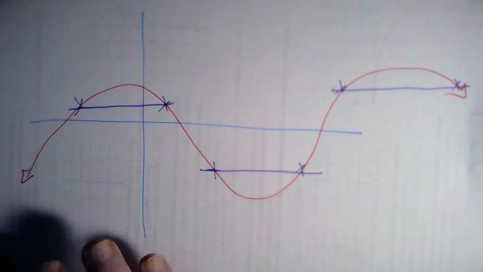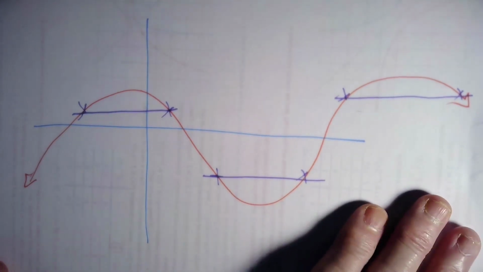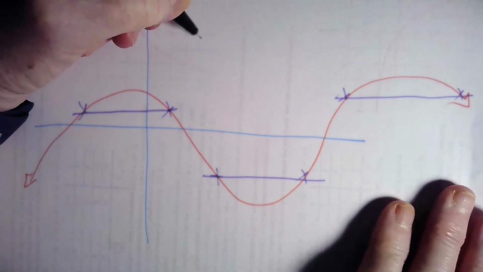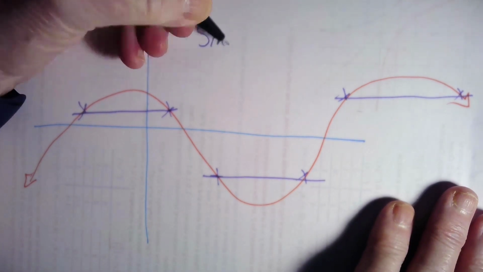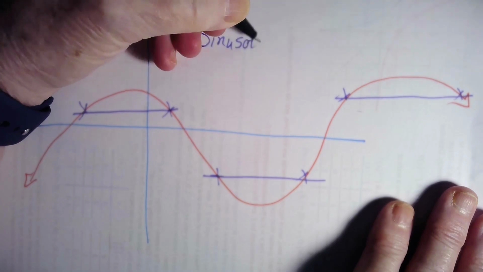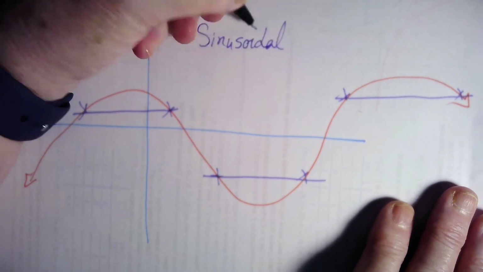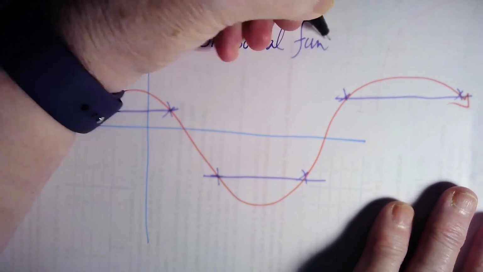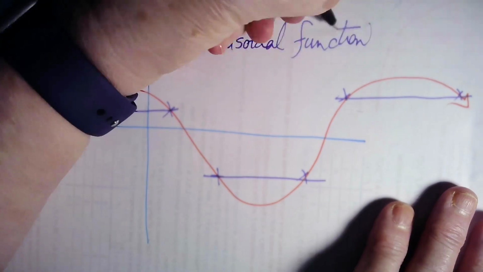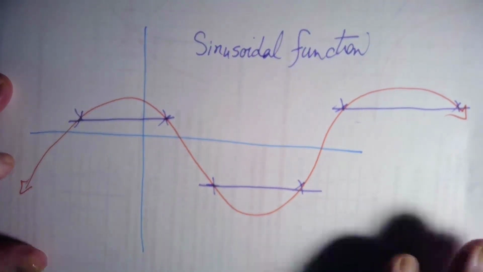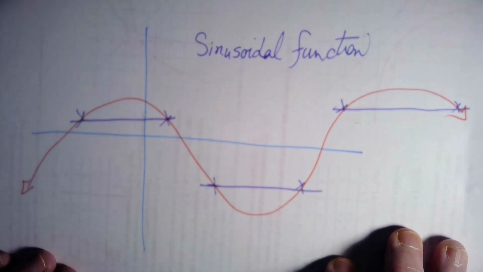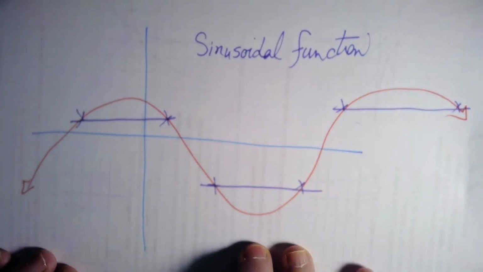But this is the general repeating function. This is a sinusoidal function, which is the basis for almost all the machinery that we have. So we've got to be able to use it.